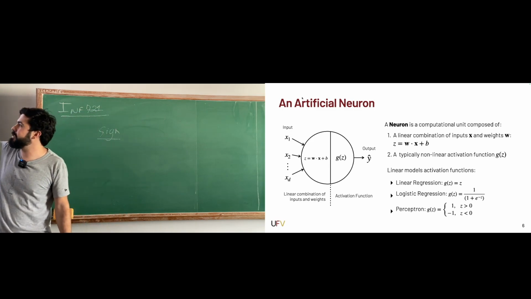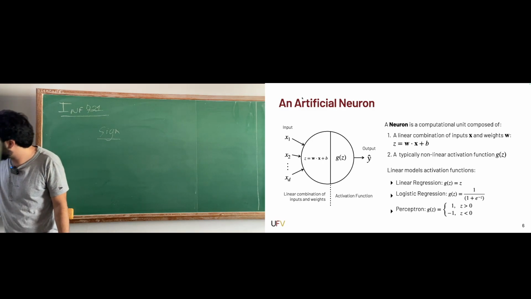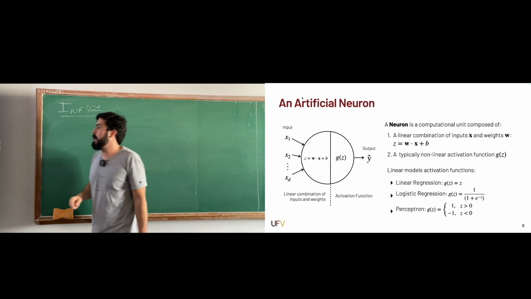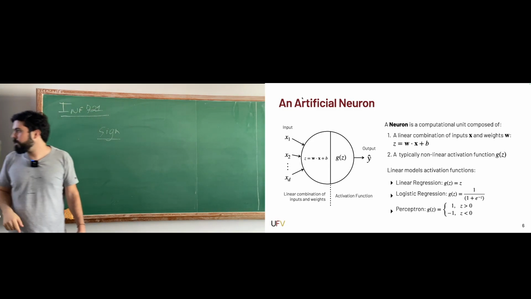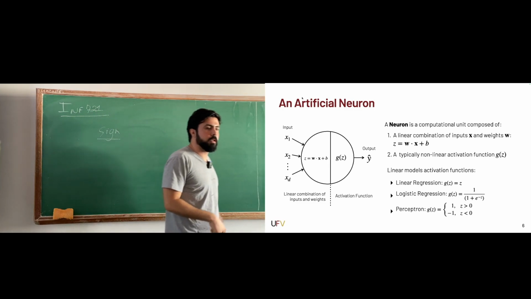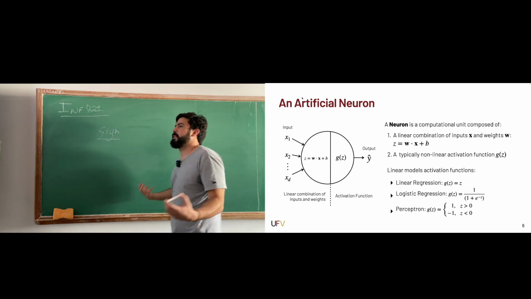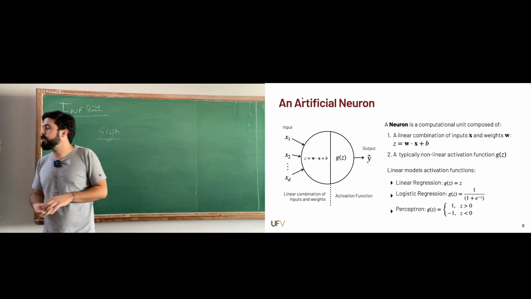If you change that g function to be the logistic function, then you're going to get logistic regression. And if that g function is that sign function, then you're going to get the perceptron. Okay? So this idea of a neuron combines all these algorithms together.